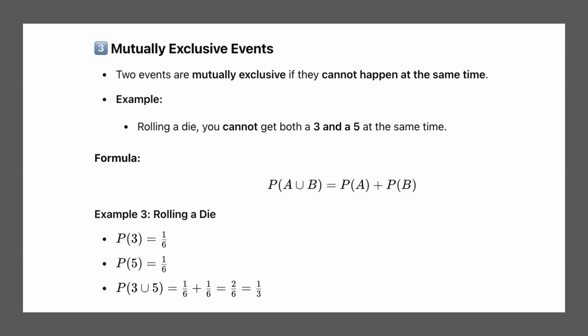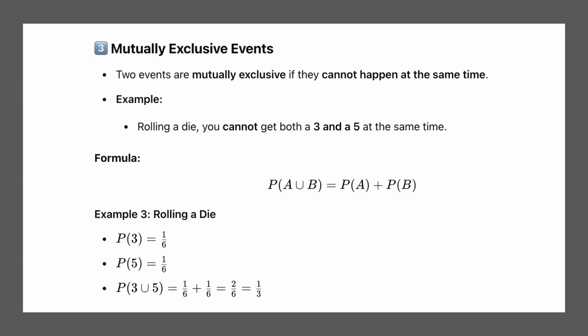So the events 3 and 5 are not happening at the same time, but I want you to know the probability of these two events together. We represent it as P(A ∪ B), and we calculate it as the probability of event A plus the probability of event B.